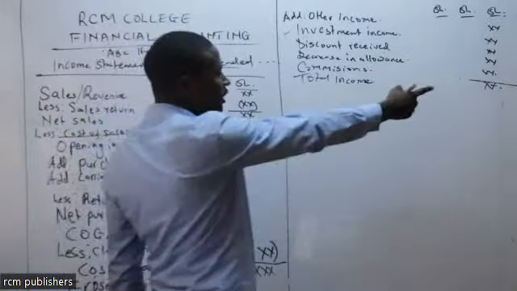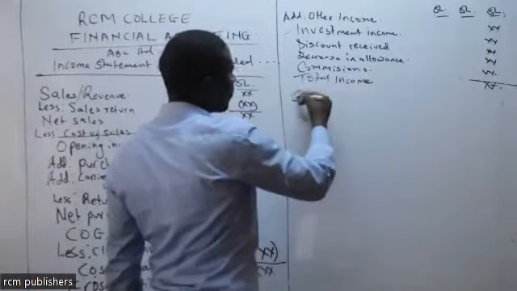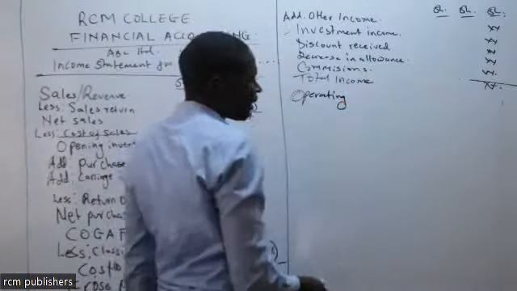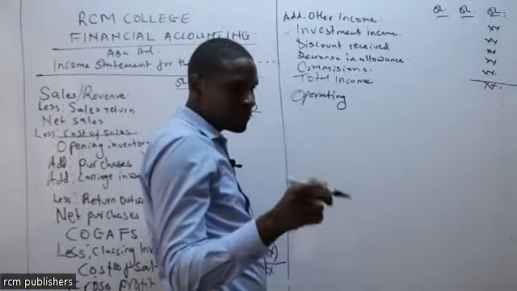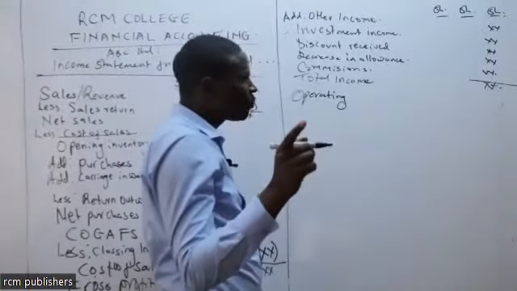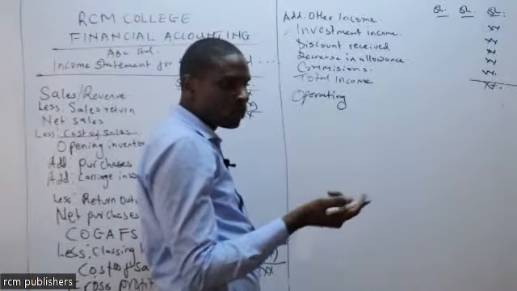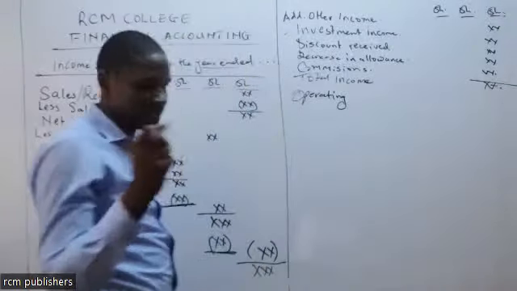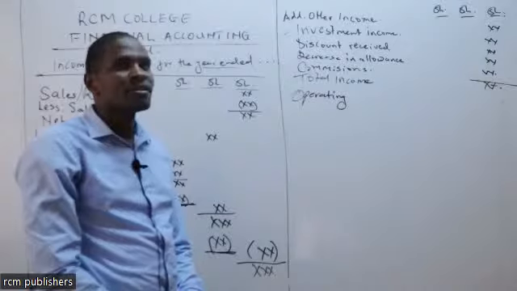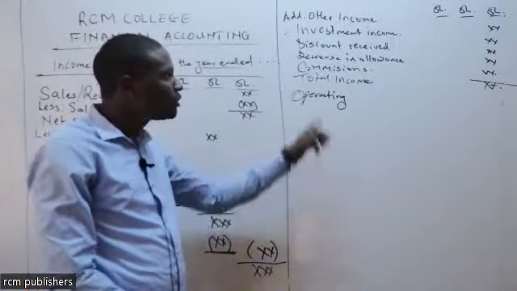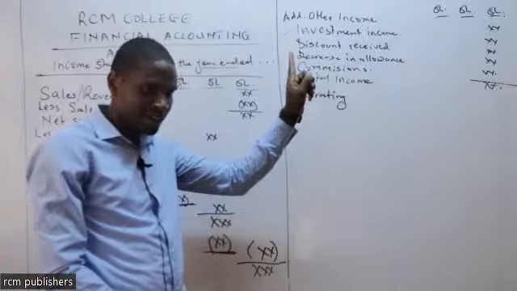Then class, after you get your total income, you go to operating expenses. Remember, I had asked you about the wages and salaries. If in any case you have some direct cost, like wages, it comes down here.